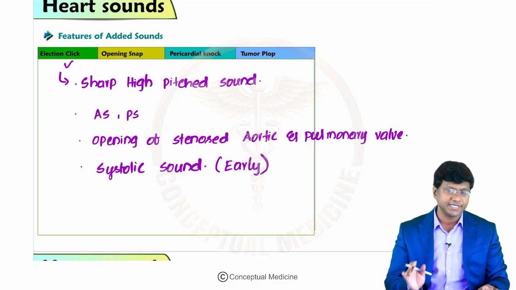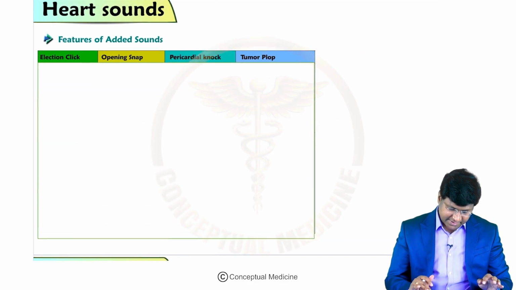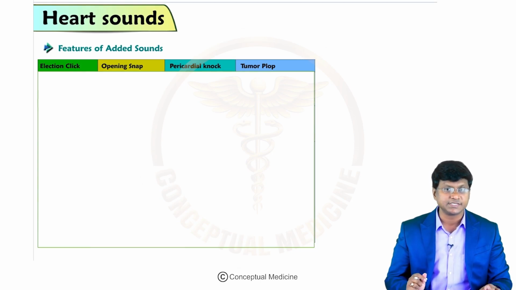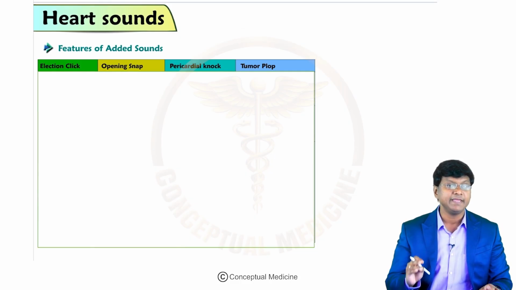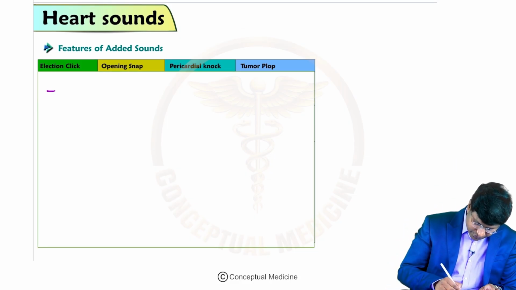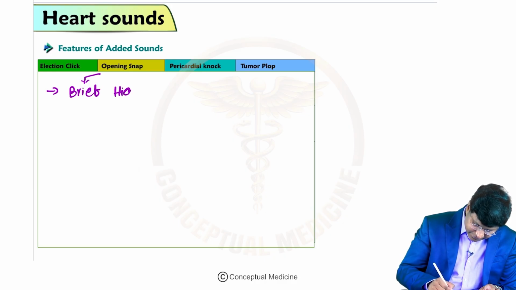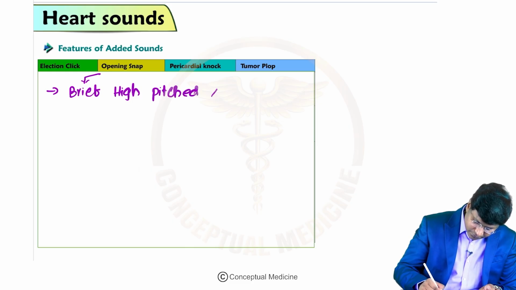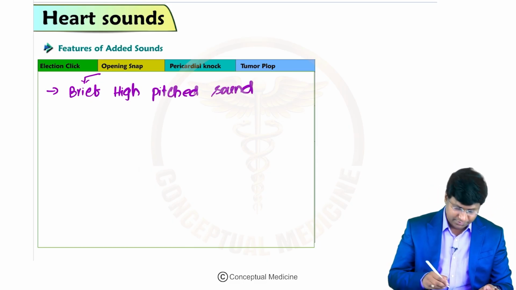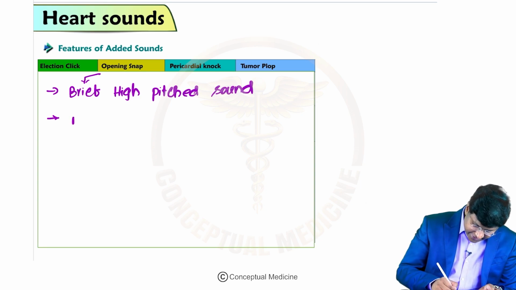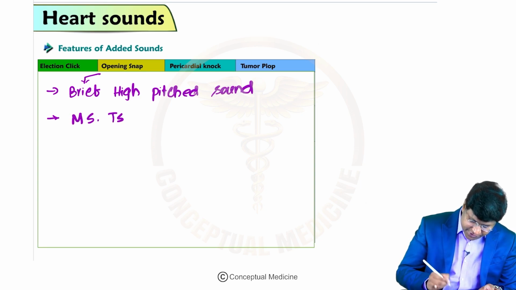Now, after having discussed the ejection click, let me discuss another important additional sound, the opening snap. The opening snap is a brief, high-pitched sound, and it is heard in clinical scenarios like mitral stenosis and tricuspid stenosis.